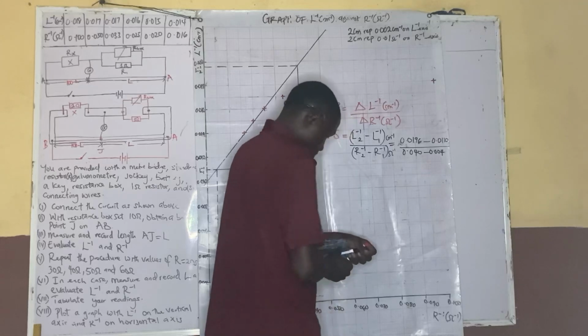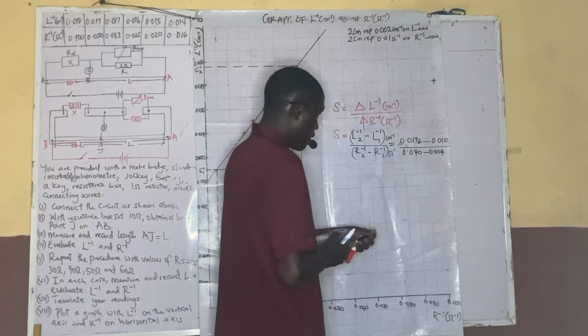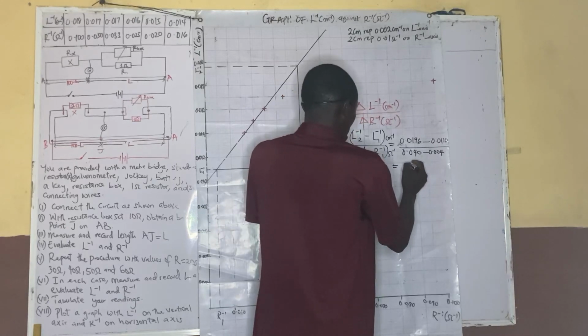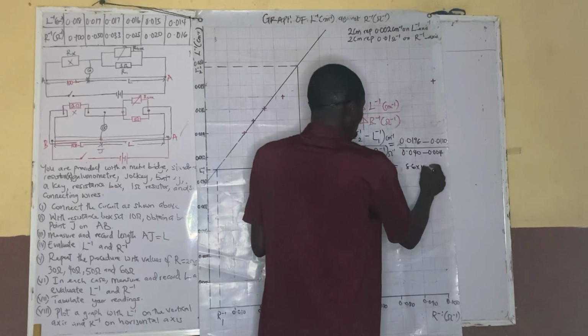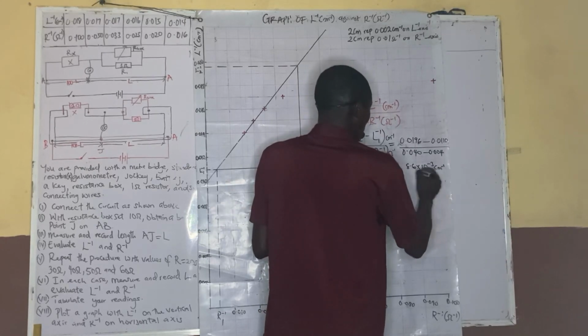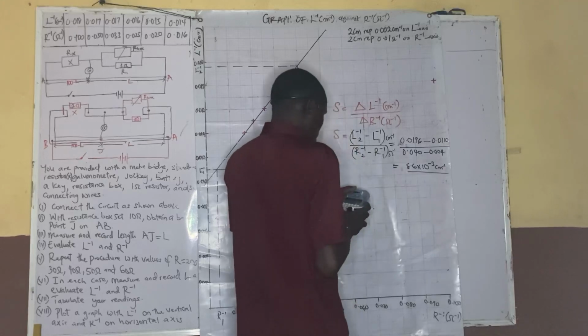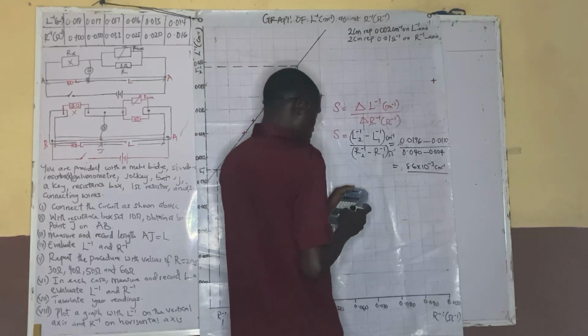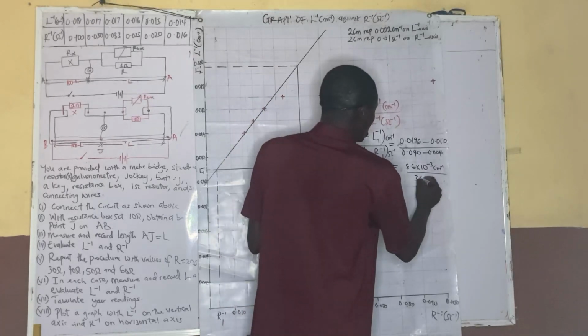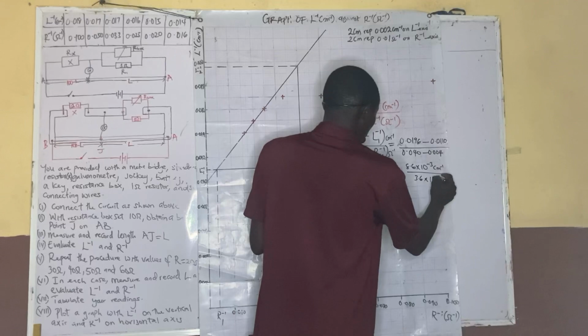Now here we have 8.6 times 10 to the power minus 3 per centimeter all over 0.040 minus 0.004, which is 3.6 times 10 to the power minus 2.